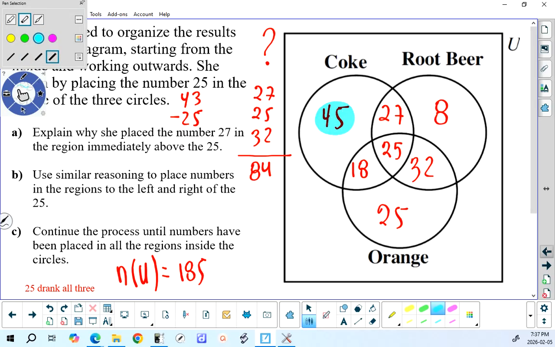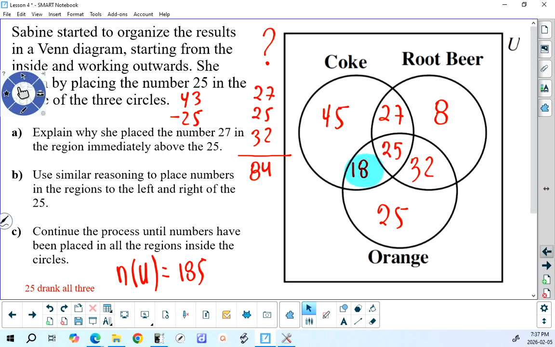This is the number who drank only Coke. This is the number who drank Coke and orange but not root beer. This is the number that drank Coke and root beer but not orange. These guys drank root beer and orange but not Coke. These are root beer only, these are orange only, these are all three, and this region is none.